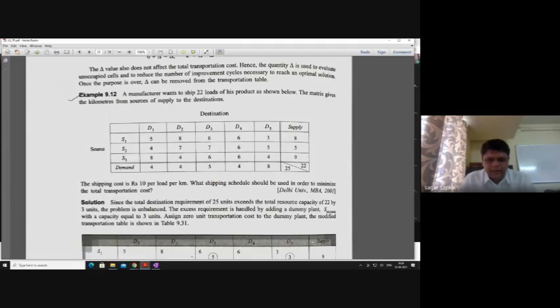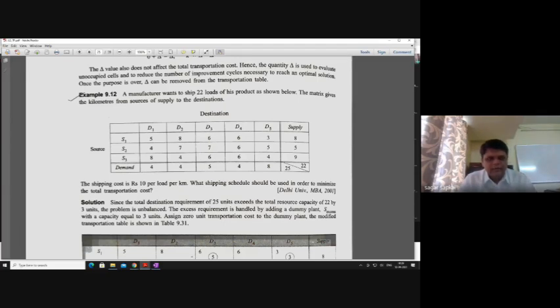So make it balanced and then solve it by VAM so that you will get the initial solution. Once you get the initial basic feasible solution, check whether m plus n minus 1 number of allocations are there or not.